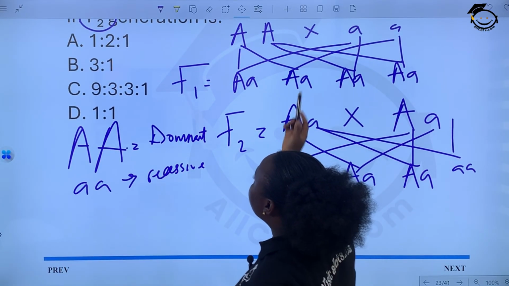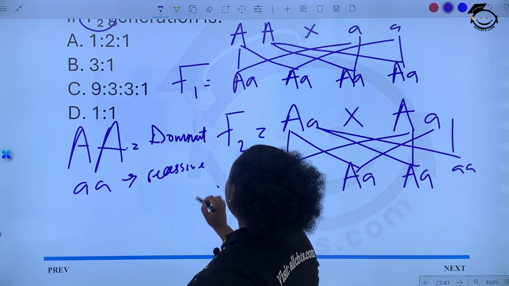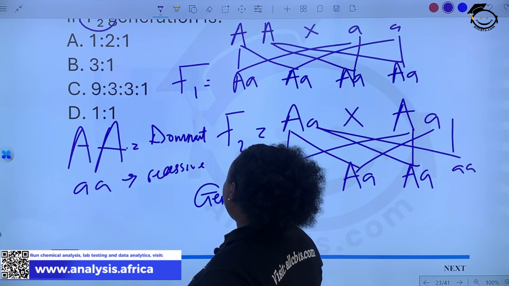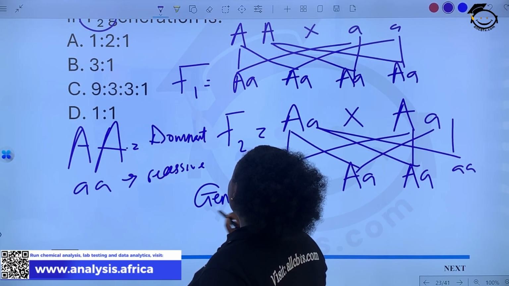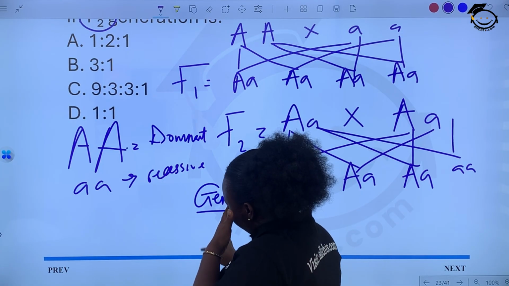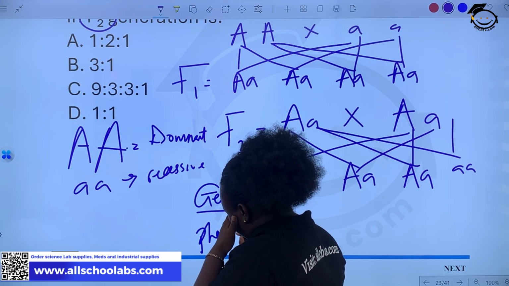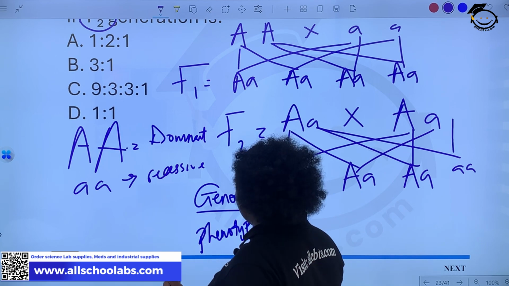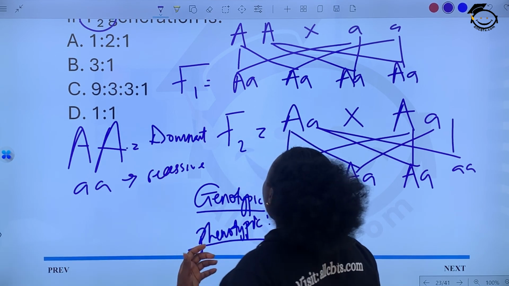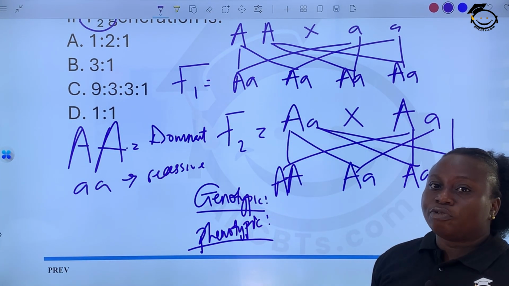That will now bring us to the genotypic and phenotypic ratio. Genotypic, just like genotype, is talking about genetic makeup, while phenotypic is talking about what we can see with our eyes, not genetic makeup.